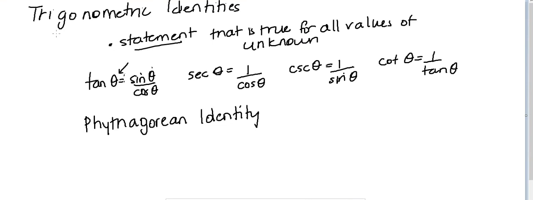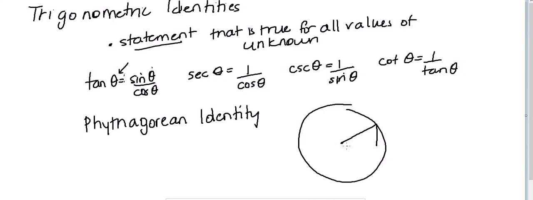Okay? So the most basic one is the Pythagorean identity. I'm going to remind you, unit circle, right triangle, unit circle, radius is 1, cosine, sine.